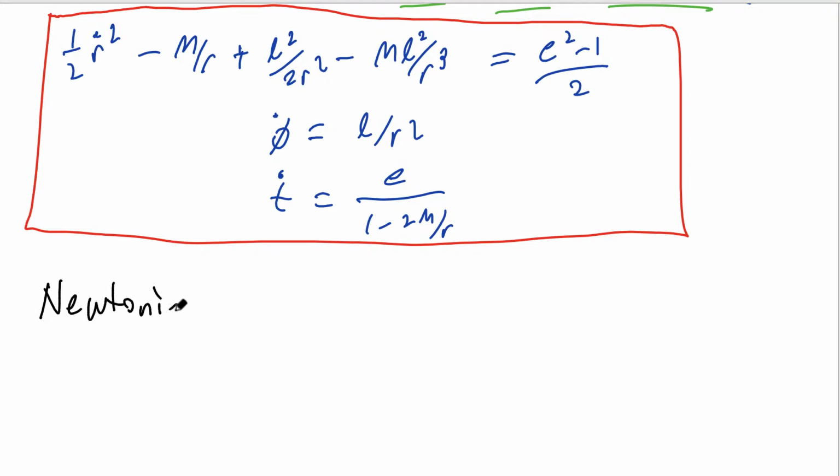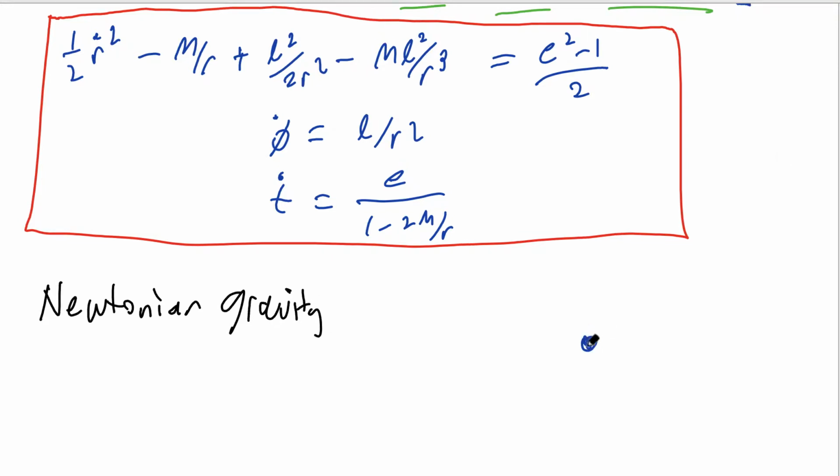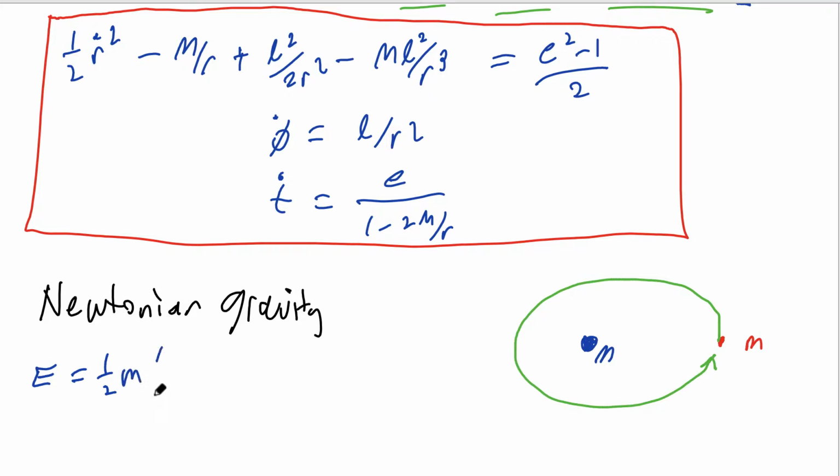So in Newtonian gravity, here's the sun with mass big M. Here's a planet with mass little m. And the planet moves around the sun in an elliptical orbit. We can write down Newton's second law for this motion, but we can also write down the first integrals. So the total energy is 1/2 little m times (r dot squared plus r squared phi dot squared).